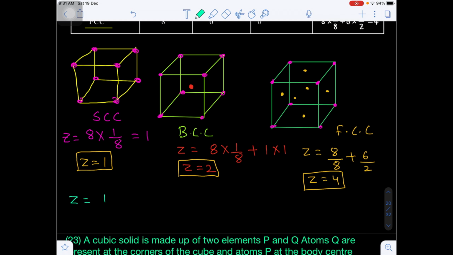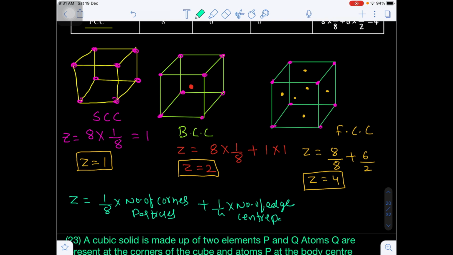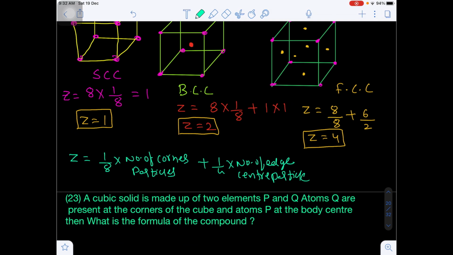Z is equal to 1 by 8 into the number of corner particles, plus 1 by 4 into the number of edge center particles, because each edge center is shared by 4 unit cells, plus 1 by 2 into the number of face centered particles.